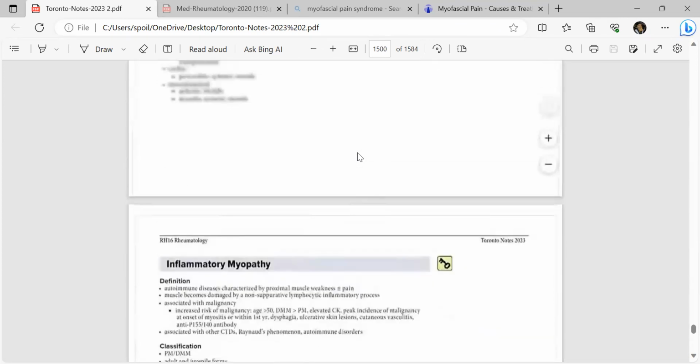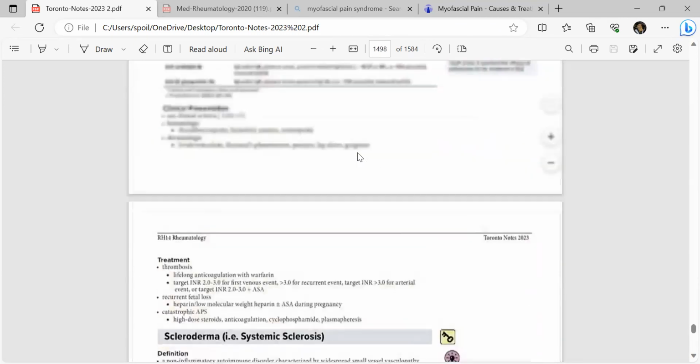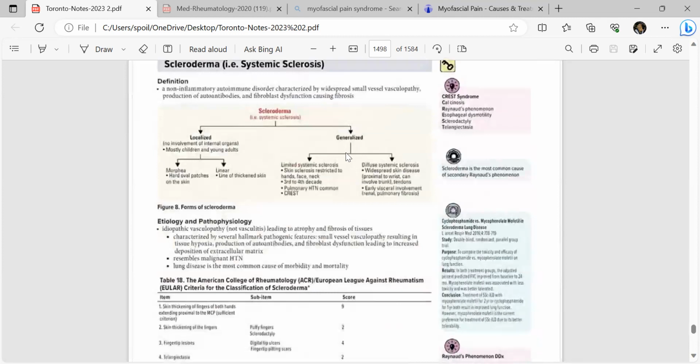If we go and revise scleroderma once more, then we will get a clear picture. Scleroderma is a non-inflammatory autoimmune disorder characterized by widespread small vessel vasculopathy, production of autoantibodies, and fibroblast dysfunction causing fibrosis.